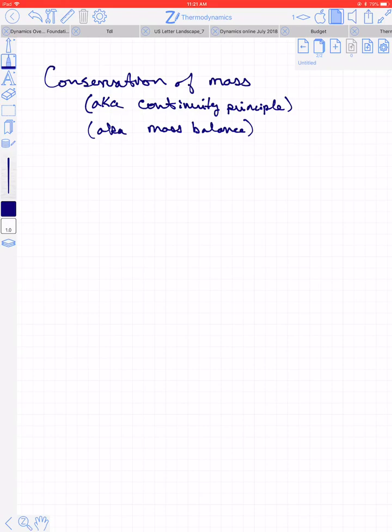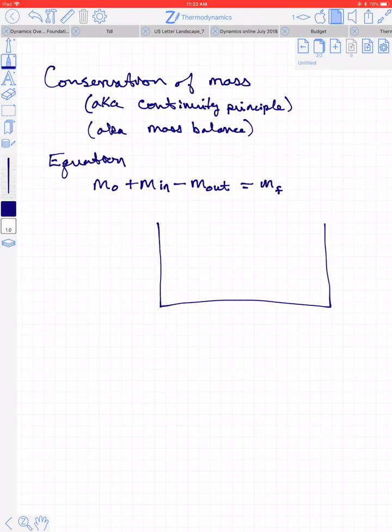So here is the equation for the conservation of mass. If you have any system, the initial mass in the system plus any mass that comes in minus any mass that goes out will be the final mass in the system. I like to think about a bathtub. I've got my granddaughter coming over to play with me today, and she's going to spend the night, and we'll give her a bath, and we'll start maybe with the bathtub empty.